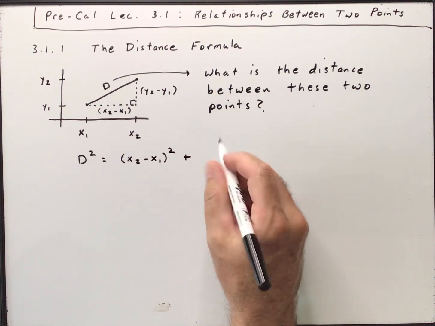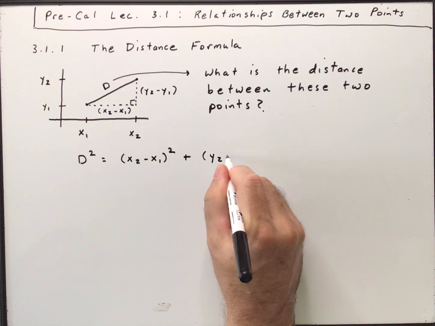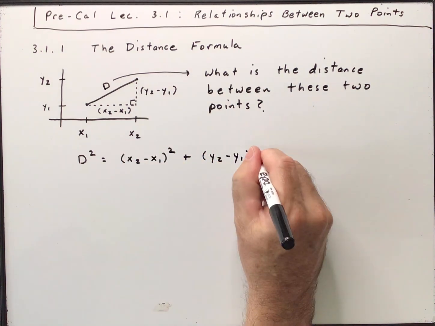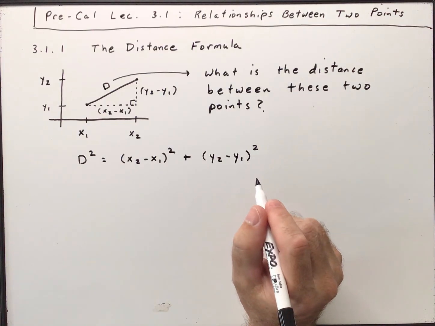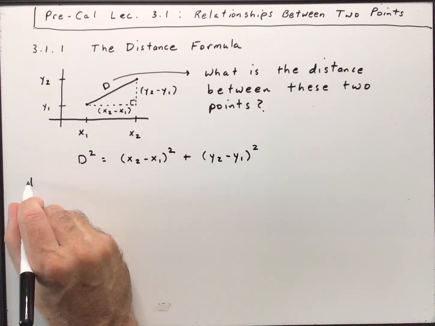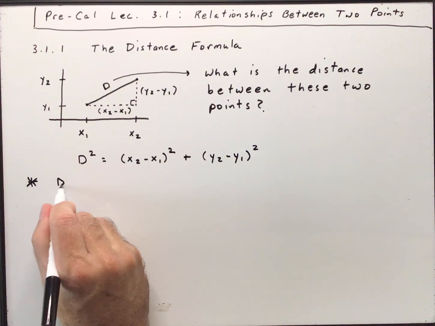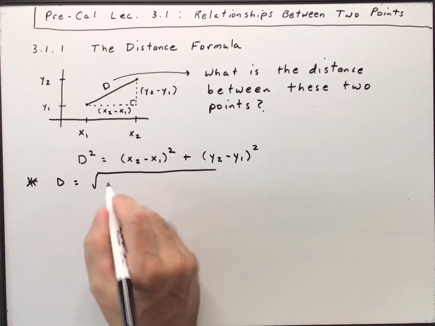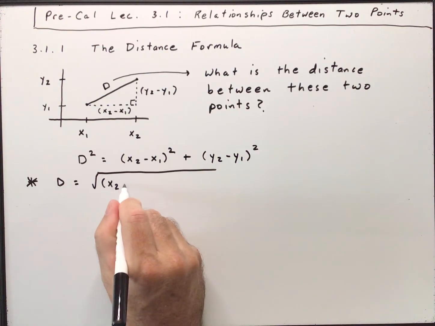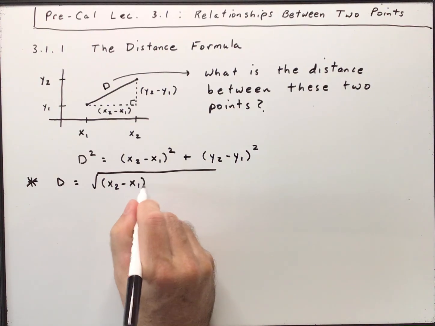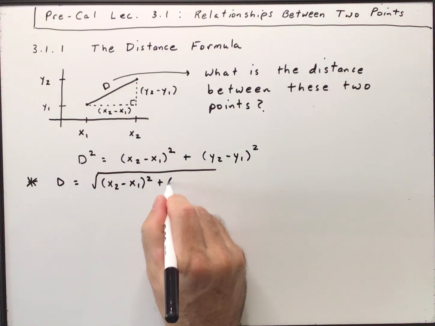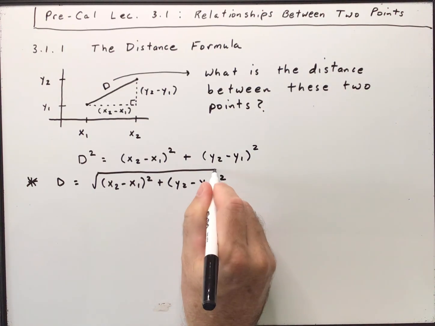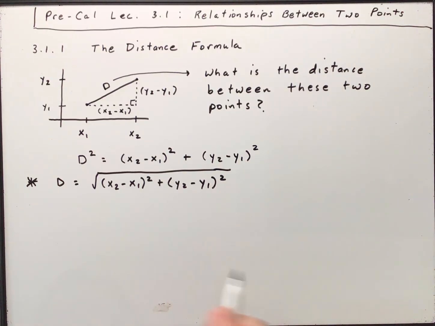So plus y2 minus y1, the length of the north and south leg, all squared. So if we take the square root of both sides, then our distance formula becomes the square root of x2 minus x1 all squared plus y2 minus y1 all squared. Okay, just the Pythagorean theorem.